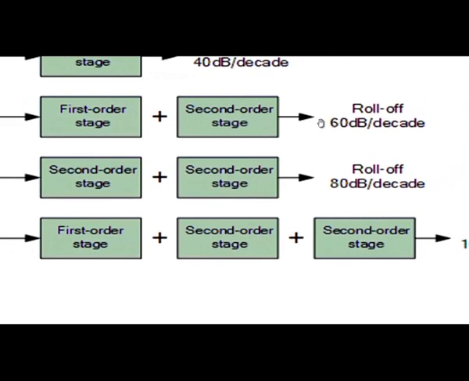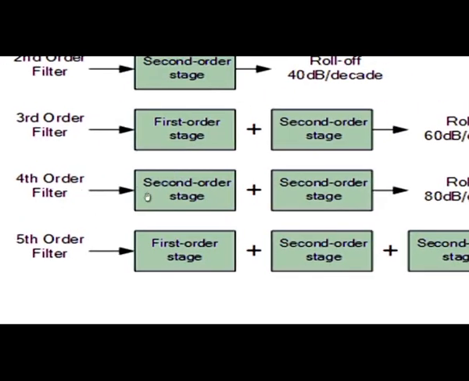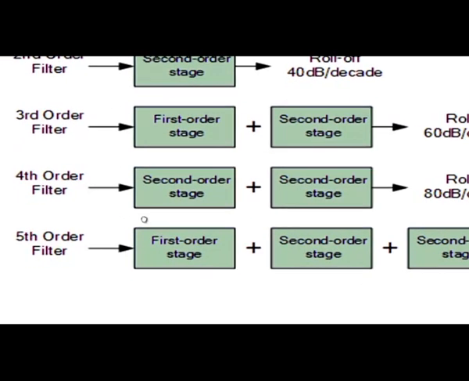In that case, another 20 dB per decade will be added to the response of the filter. So, can you guess for the fourth order filter how the circuit will be? It is the cascading of a second order filter with another second order filter. Then the roll off is 80 dB per decade, another 20 will be added to this in the frequency response.